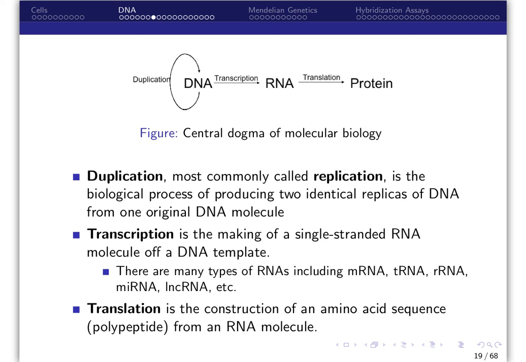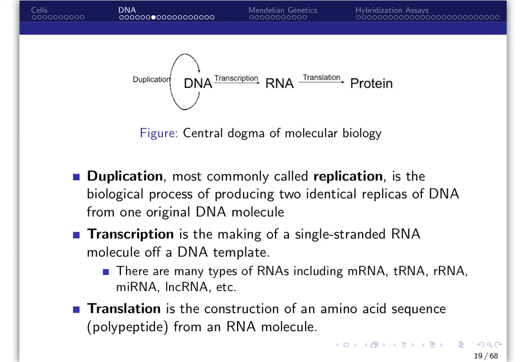DNA is the molecule that carries inherited information. Duplication, most commonly called replication, is the biological process of producing 2 identical replicas of DNA from one original DNA molecule. In this way, our cells pass genetic information through generations of cells. Transcription is the making of a single-stranded RNA molecule off a DNA template.